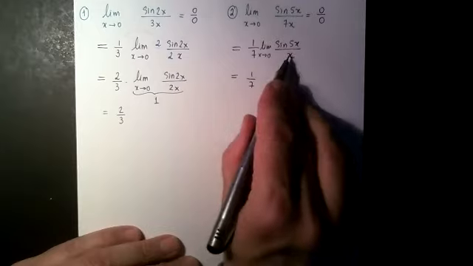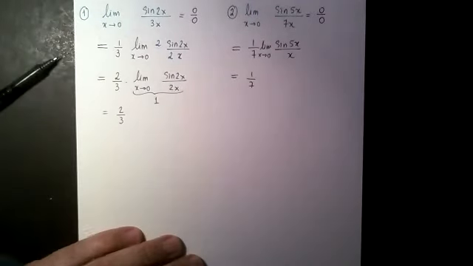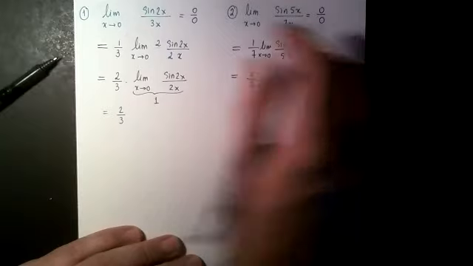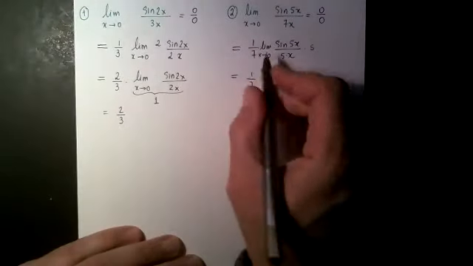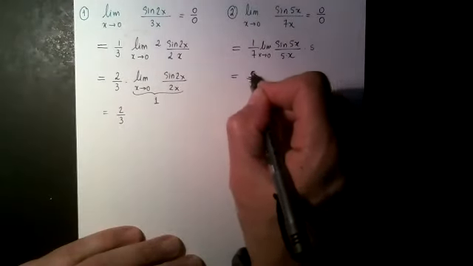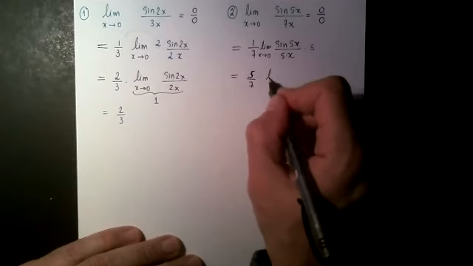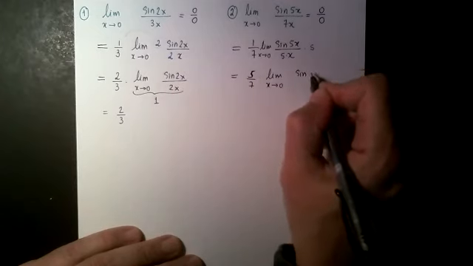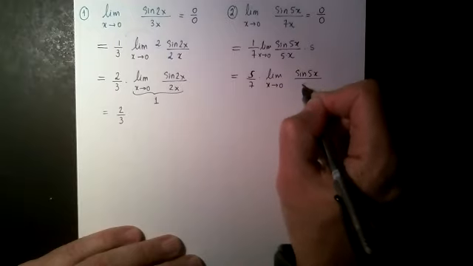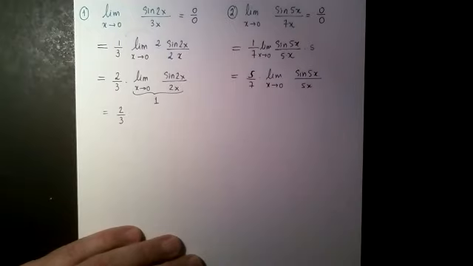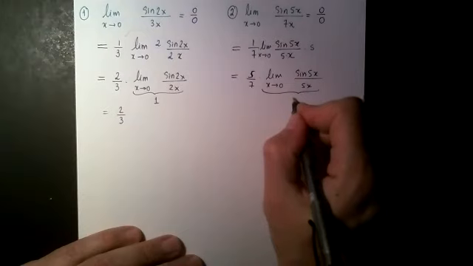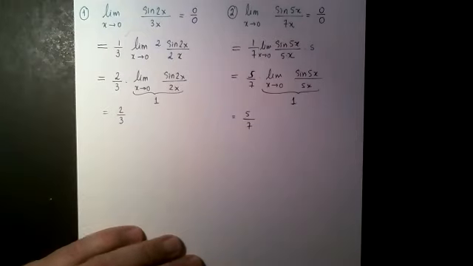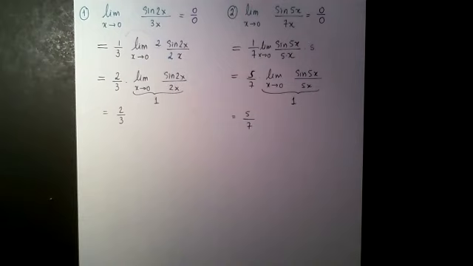I'm going to multiply by 5 on the bottom, times 5 on top, and so I'm going to pull out 5. 5 over 7 times the limit as x approaches 0 of sine 5x over 5x, and now this, perfect, is 1. And so I get 5 over 7. Any questions?